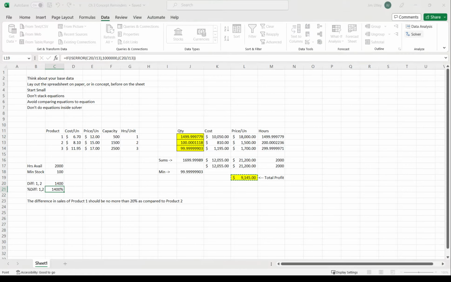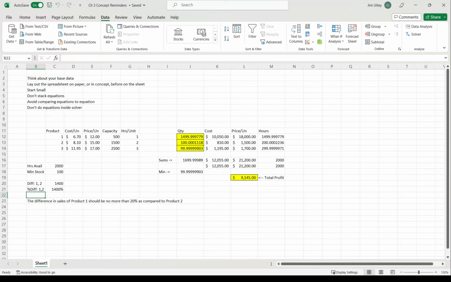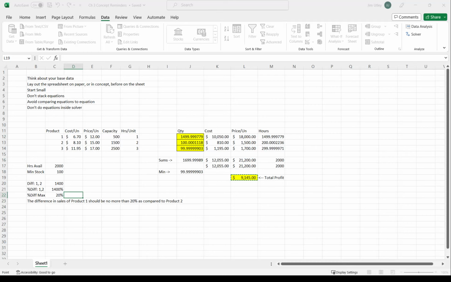And if I go back to my solver again, I'm going to add this new constraint. Before I do that, I'm going to put a scalar in here: percent diff max, 20%. That's all I'm going to allow. One of the other things I saw as a habit for some folks when doing these equations, you were tempted to take your cell reference here, less than or equal to, and put your 20% inside of solver.